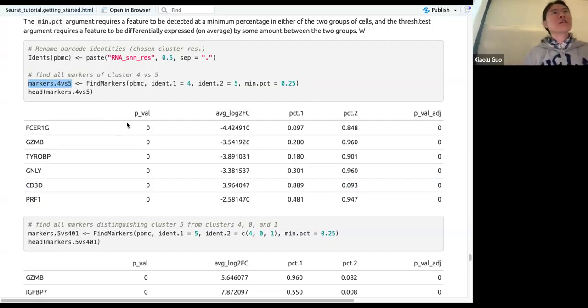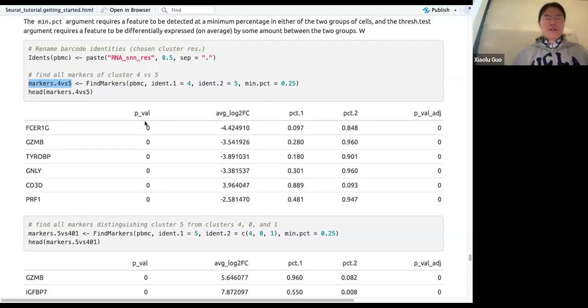Sorry, could you explain again: are the significance and the log 2 fold change derived from the same value, but just with different tests? Or what determines log 2 fold change and what determines significance? Is it both just the deviation from the mean expression? Yeah, that's a statistics question.